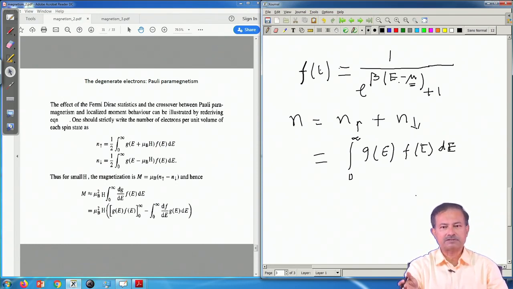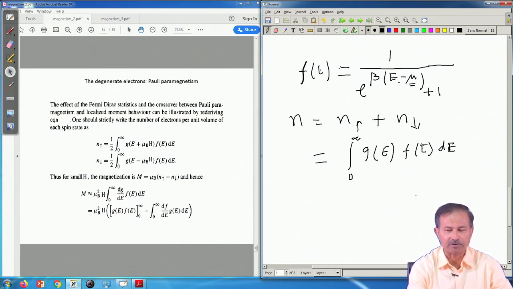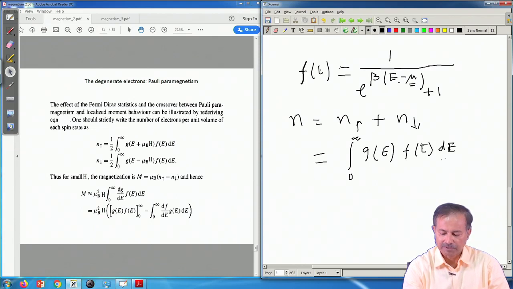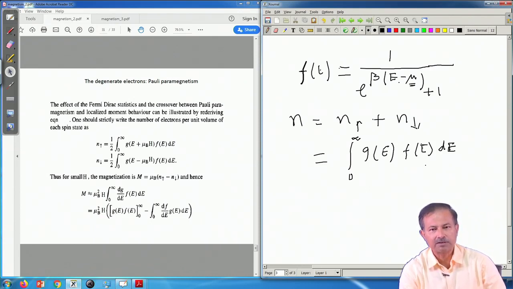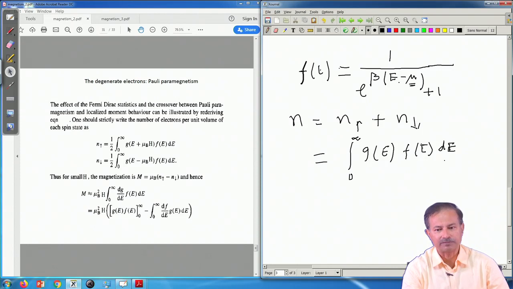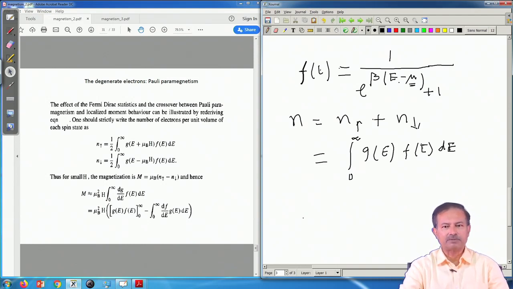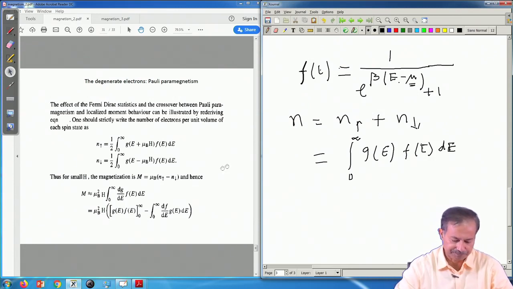Remember that this equation is the same as the one you obtained if you did not have a field, as if there is no field, and it is the total number even without the field. So that means to first order, which is where we did the Taylor expansion, there is absolutely no change in the chemical potential. That is an argument that tells you that the chemical potential remains the same.